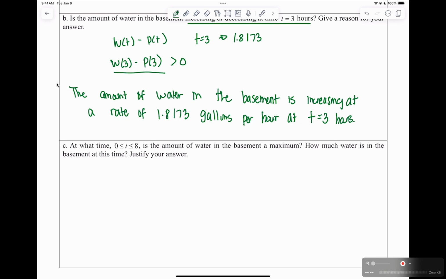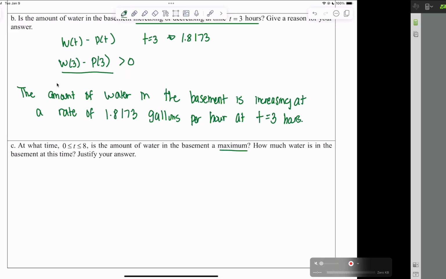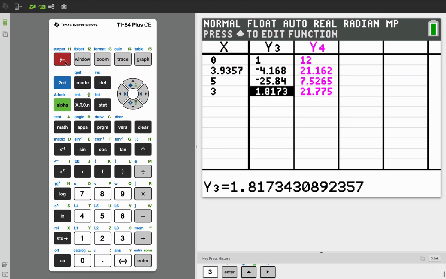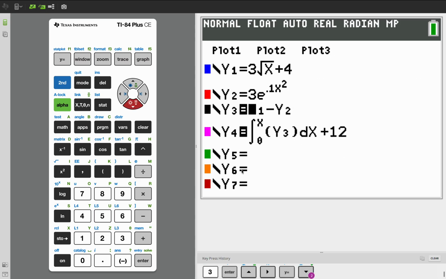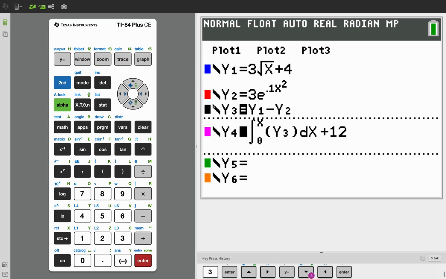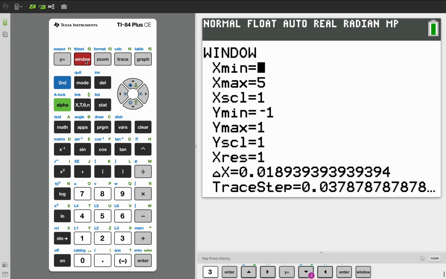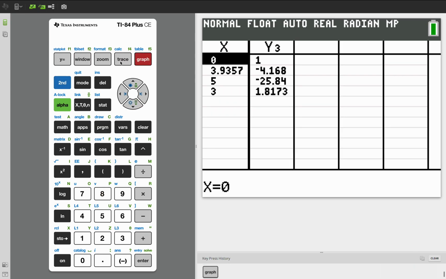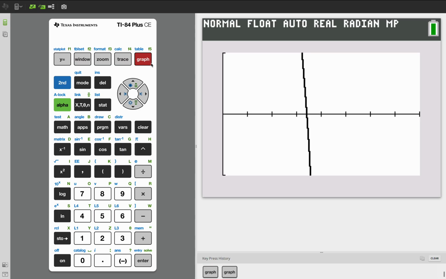Part C: when is the amount of water a maximum, and how much is in the basement at that time? So to find that out, I want to graph y1 minus y2 and find my critical point from 0 to 8. Graph it.